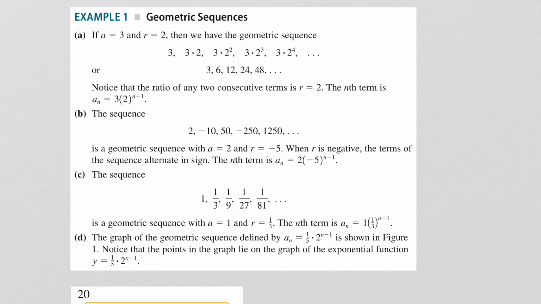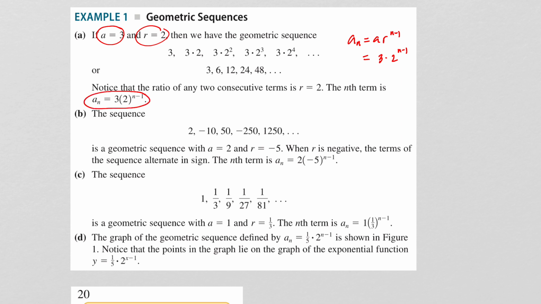So back to this example, if a equals 3 and r equals 2, we're just going to plug that into the formula. a_n equals a times r^(n-1). And so this is going to be 3 times 2^(n-1). And that's what you see here.